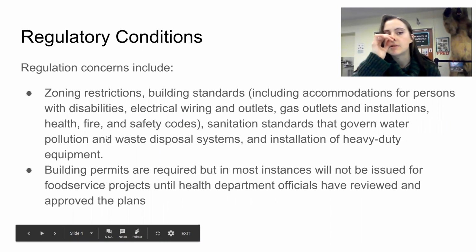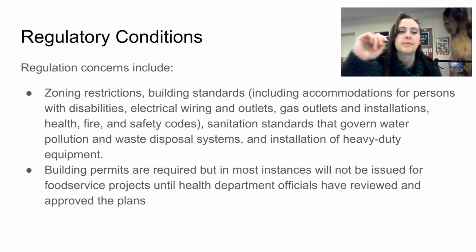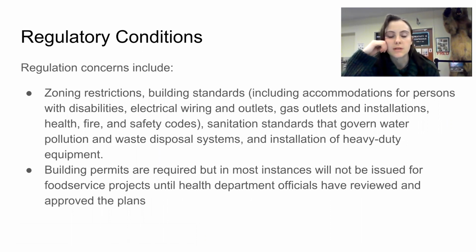Okay, some regulatory considerations. You would want to be concerned about zoning restrictions, building standards, which includes accommodations for persons with disabilities, electrical wiring and outlets, gas outlets and installations, health, fire and safety codes, sanitation standards that govern water pollution and water disposal systems, and installation of heavy-duty equipment.